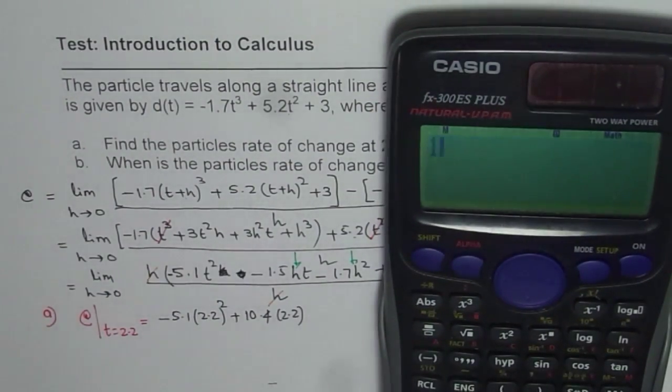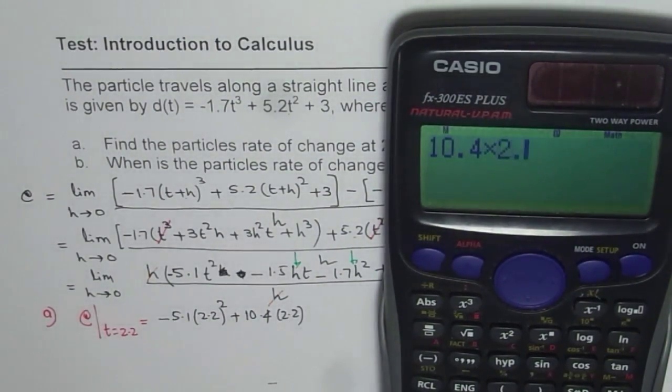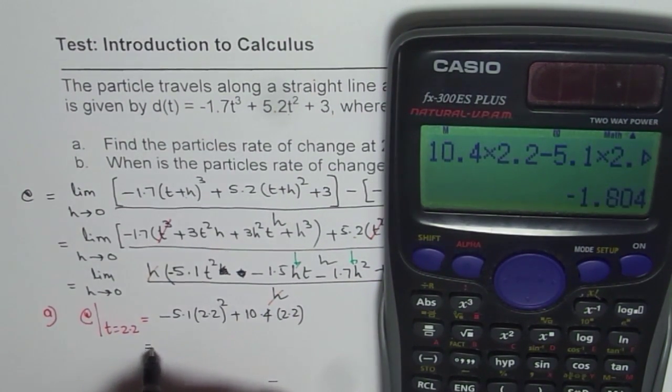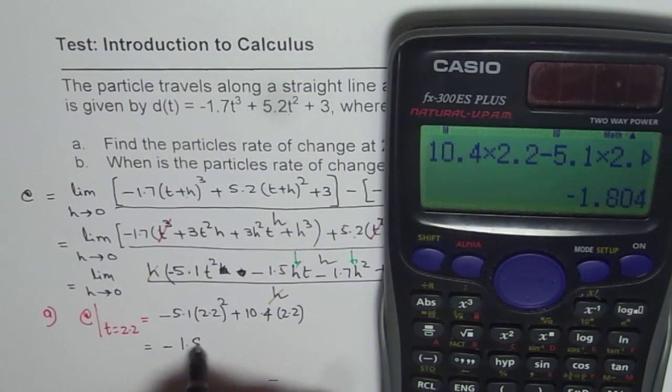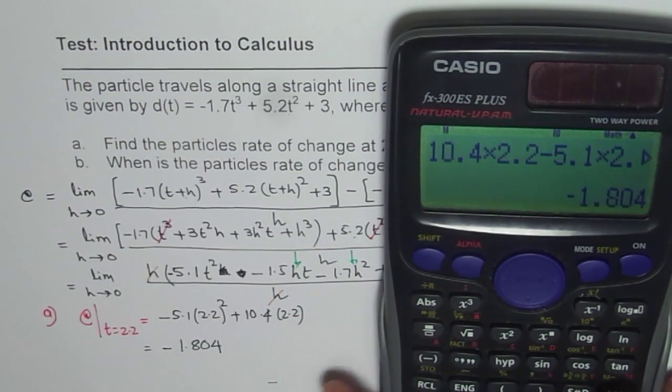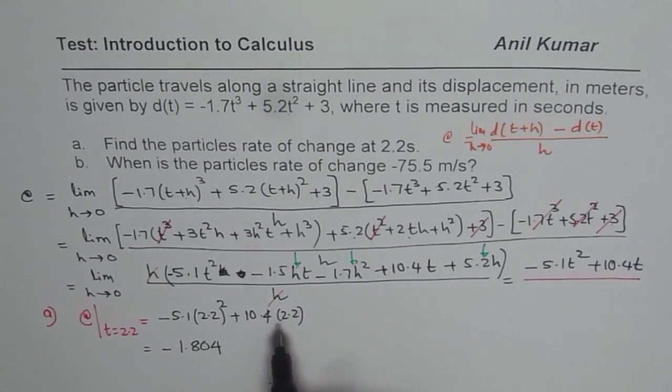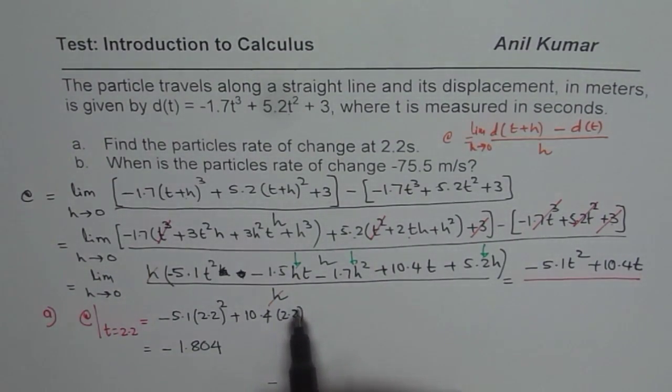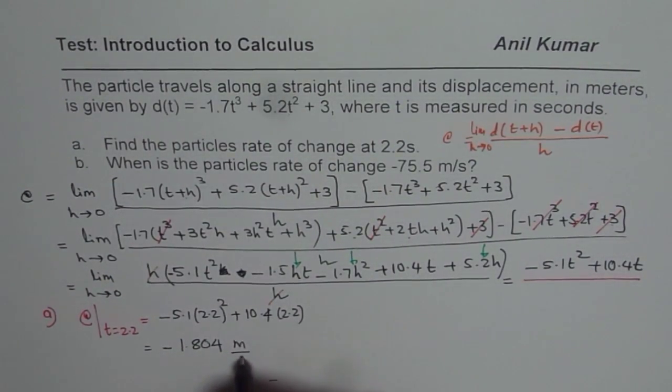So let's use the calculator. We have 10.4 times 2.2 minus 5.1 times 2.2 square, and that gives us minus 1.804, right? So that is the instantaneous rate of change. It is distance over time, so the units will be meters per second.